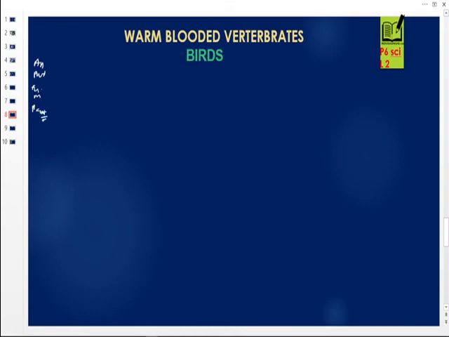Mainly in the previous lesson, we looked at the animal kingdom, and we said that this animal kingdom is divided into 2 major classes: the class of vertebrates and the class of invertebrates. We said that vertebrates have a backbone, and this backbone is important to protect the spinal cord.